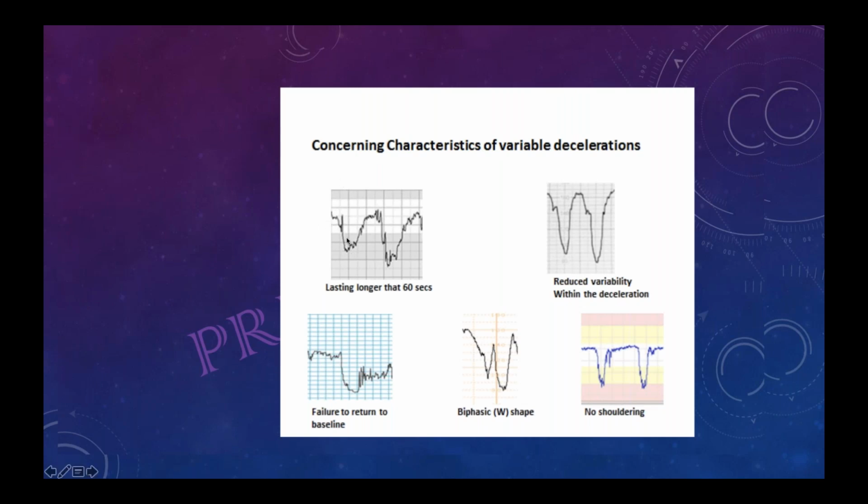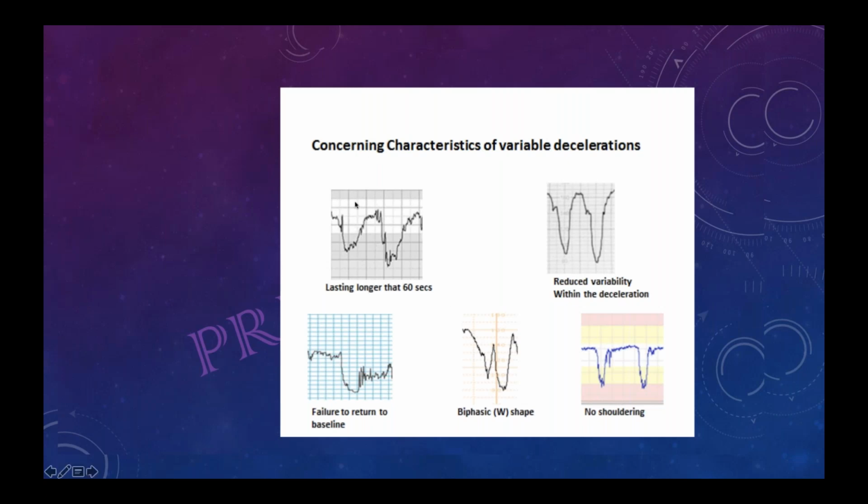The other thing is how much time the deceleration takes to come back to its baseline. If it is taking more than 60 seconds, that is a concerning feature, meaning we are not happy with this baby.